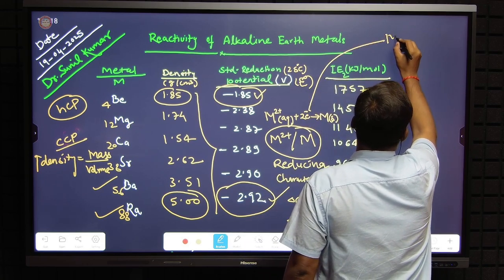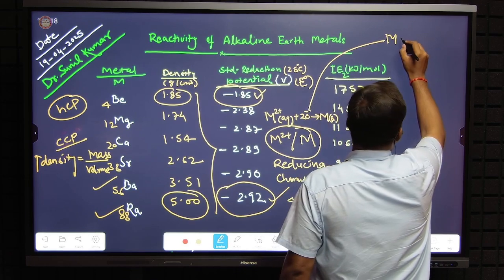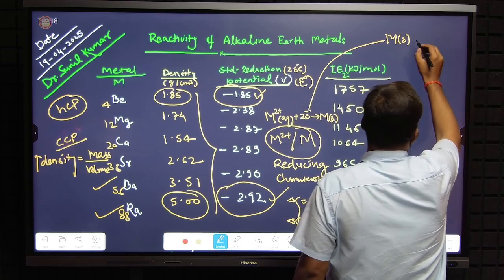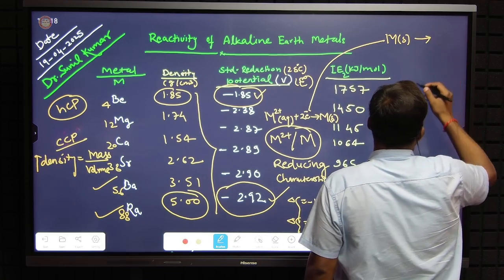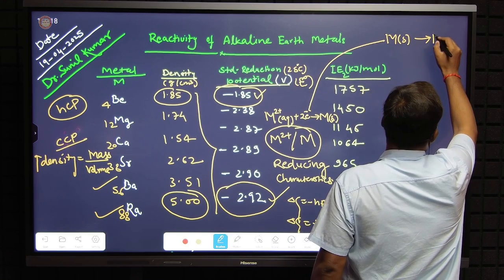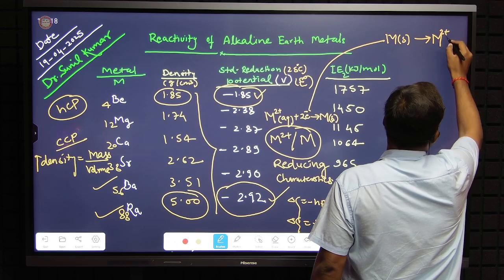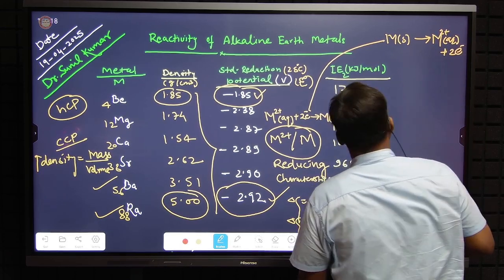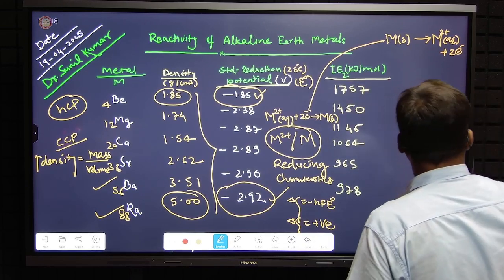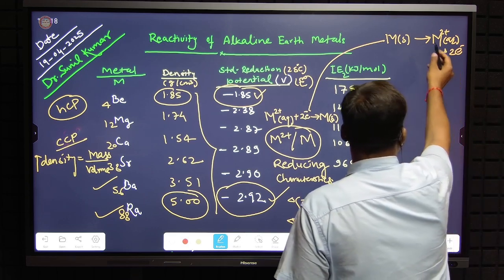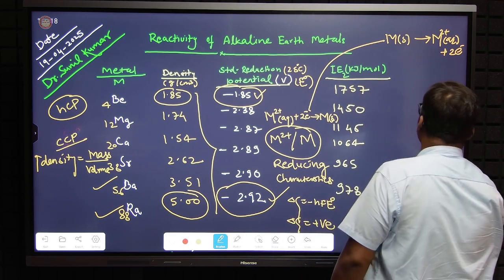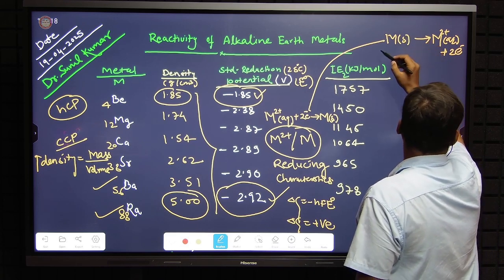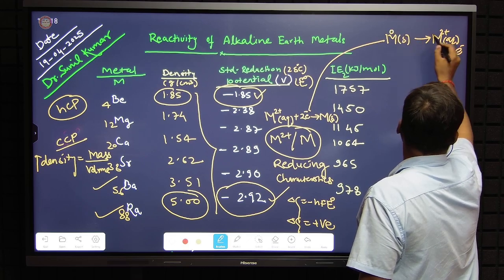Once M in solid state is dissolved in water, then it forms M 2 plus aqueous plus 2 electrons. So what is the nature of this reaction? Here the metal is in free state, so the oxidation state is 0, and now here it is 2 plus.